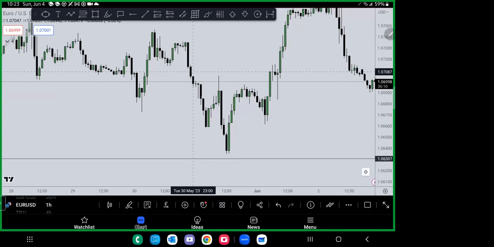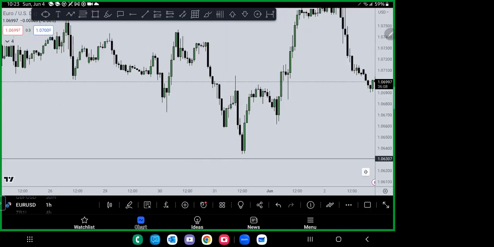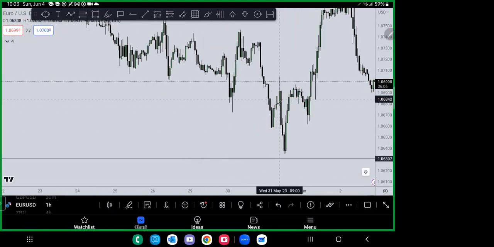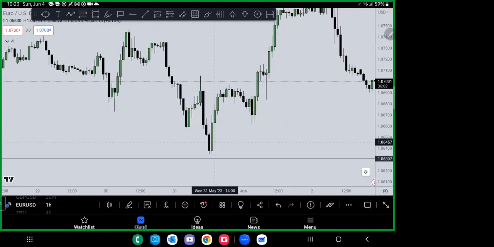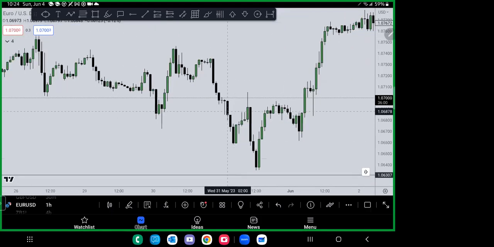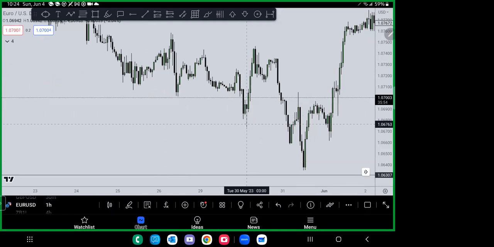And this is a week where we took out the weekly objective literally on Tuesday, in the London session. So that was right here. We're taking out the weekly objective in the London session.